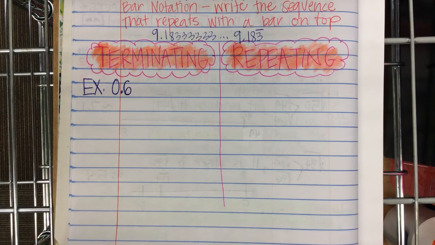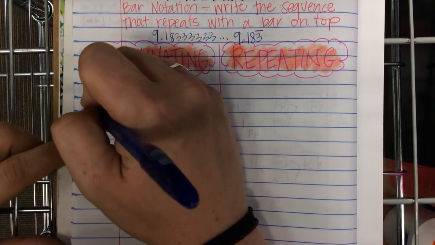We've already talked about these decimals. Carlos, do you remember how to change this into a fraction? Yes. What do you do? You read it how it's supposed to be read. Yeah.